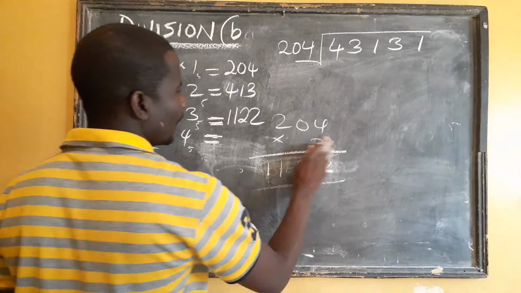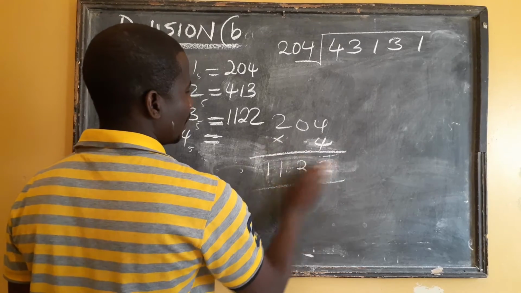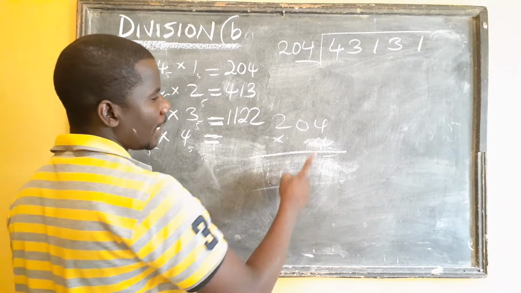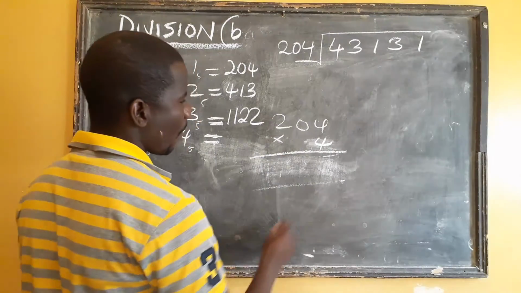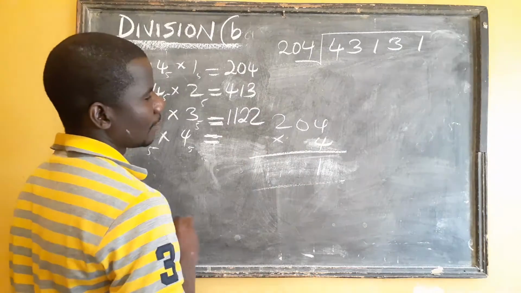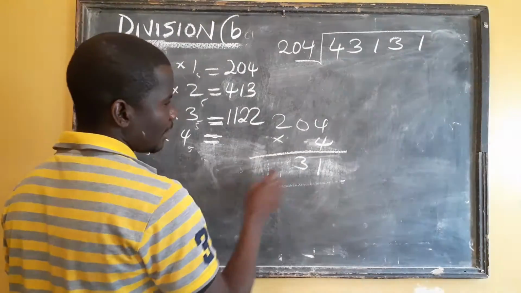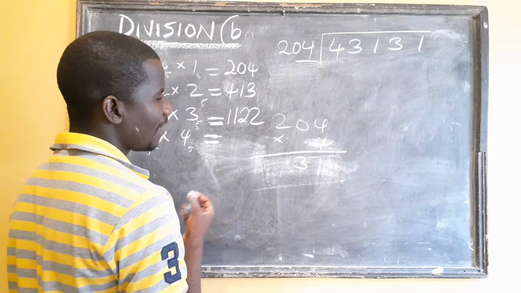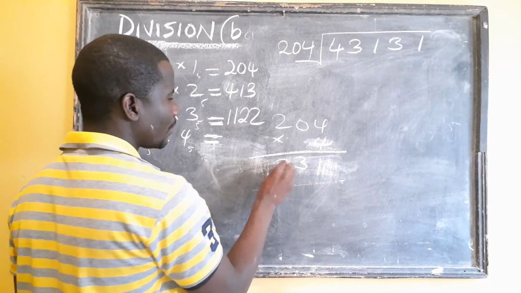Are we there? And we do the last one by 4. This is 16. 16 divided by 5, 3 remainder 1. 0. We bring that 3. 8. 8 divided by 5, it's 1 remainder 3. We start with it.